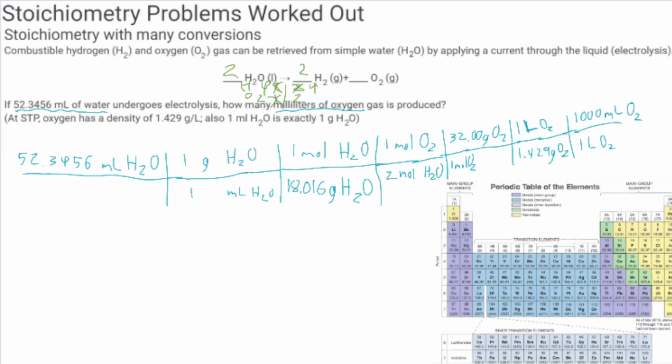So if we plug all that in our calculator, then we can calculate that out, and we'll get 32,531.91 milliliters of O2.